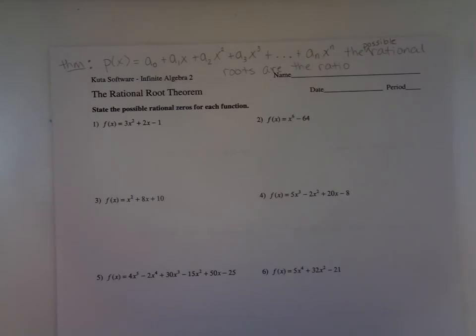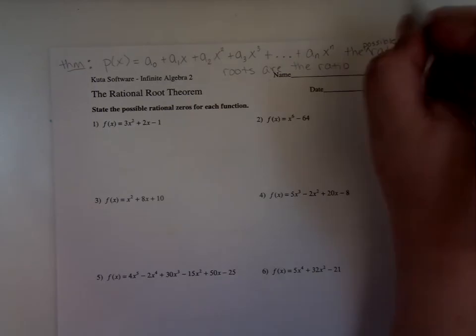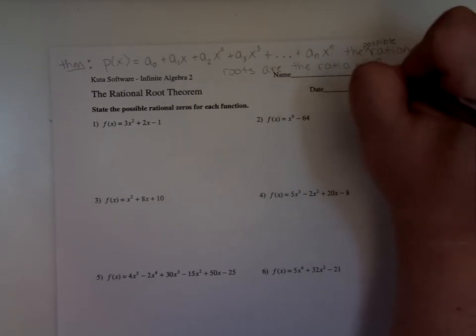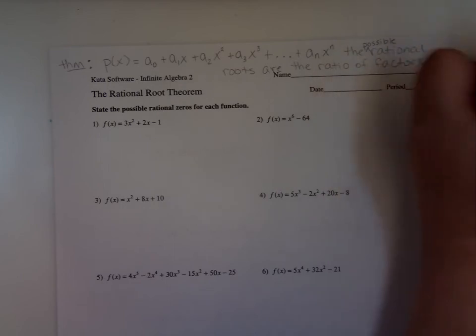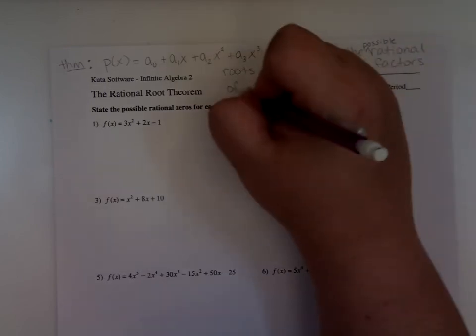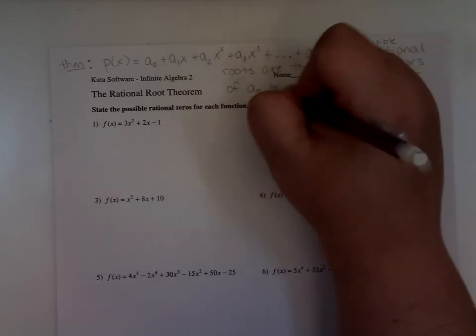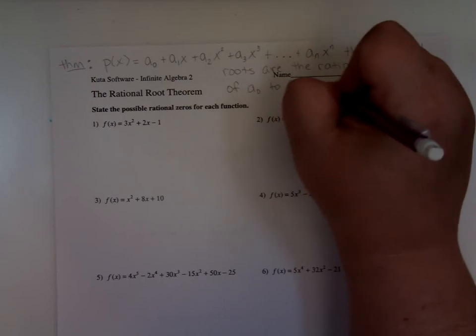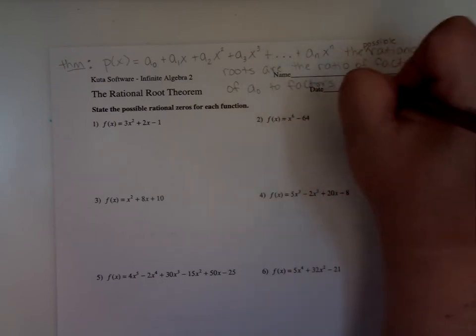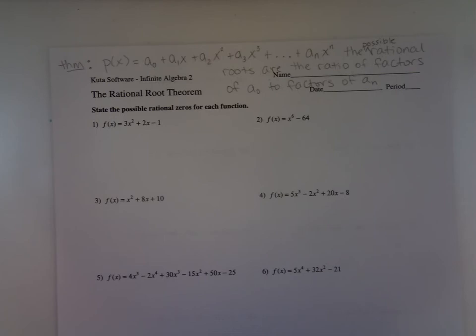It might just have irrational roots. So if it does have rational roots, these are the only things that it could be. So the possible rational roots are the ratio of factors of a naught to factors of a n. What does that mean exactly? I will show you in an example.